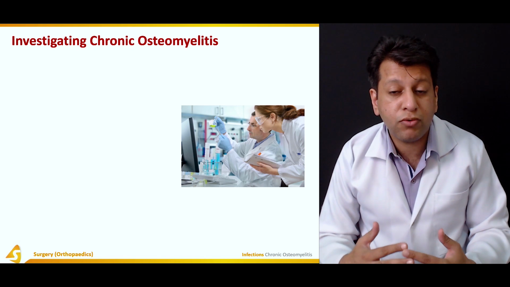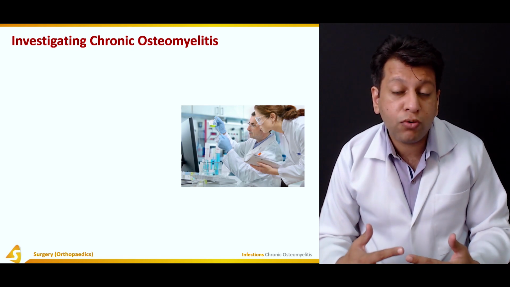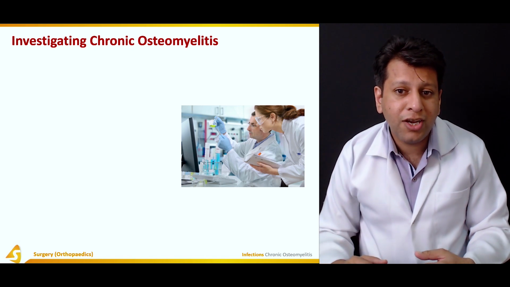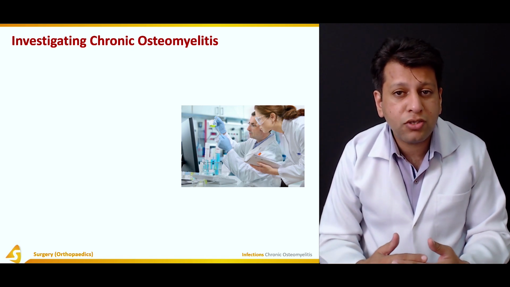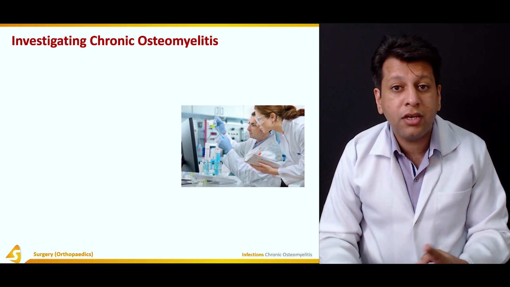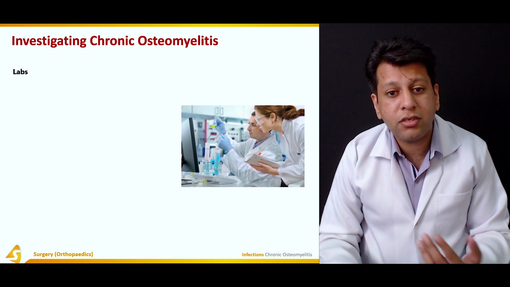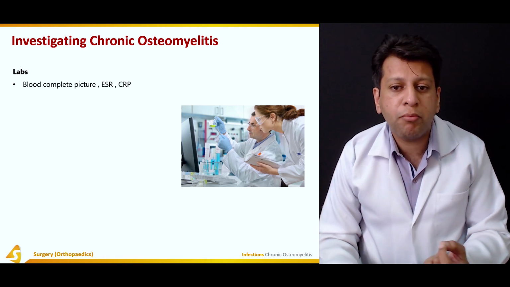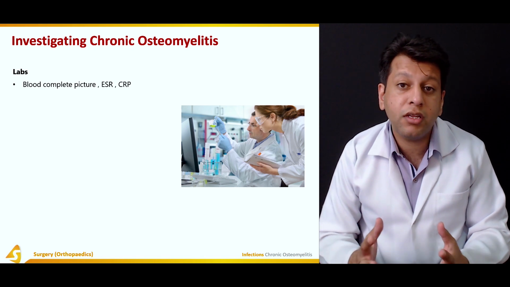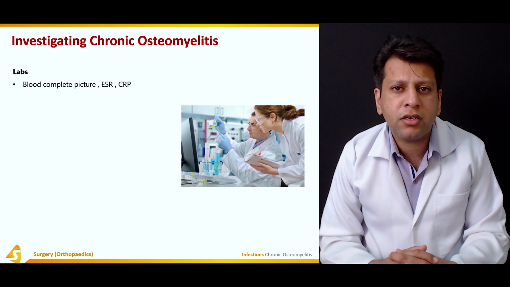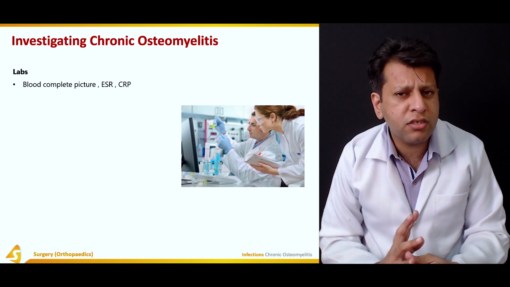You would like to investigate what other possible causes there could be other than chronic osteomyelitis. To investigate chronic osteomyelitis, we first think of the blood and the radiology. In labs, it's always a complete blood picture first. And what would we see? Usually chronic osteomyelitis presents with anemia of chronic disease.